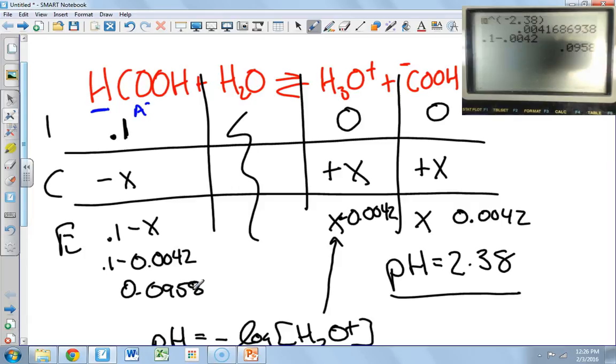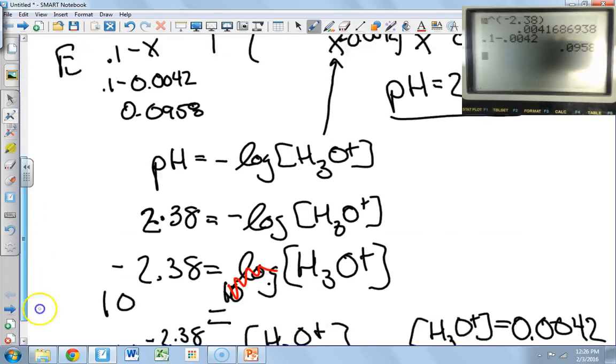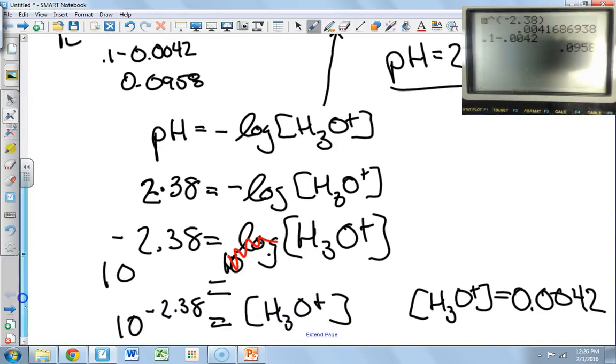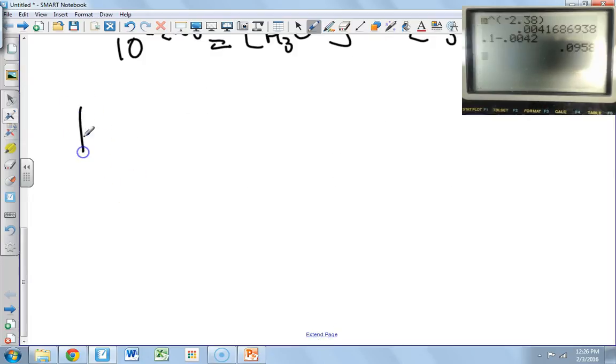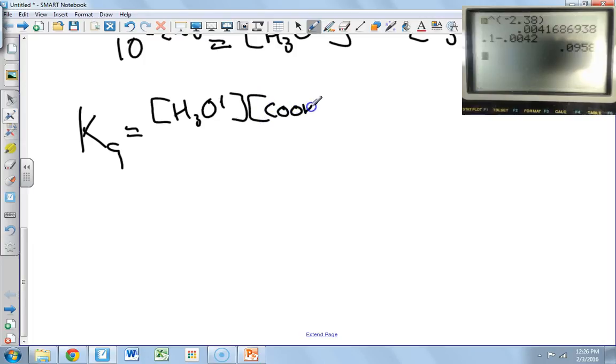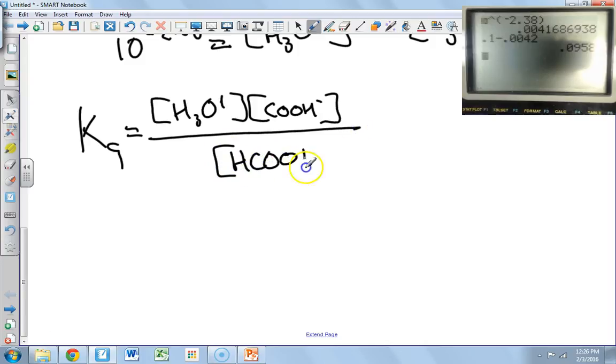We have to determine the Ka. So let's do that. How do we calculate the Ka? Ka equals the concentration of H3O plus times the concentration of COO minus all over the concentration of HCOOH.